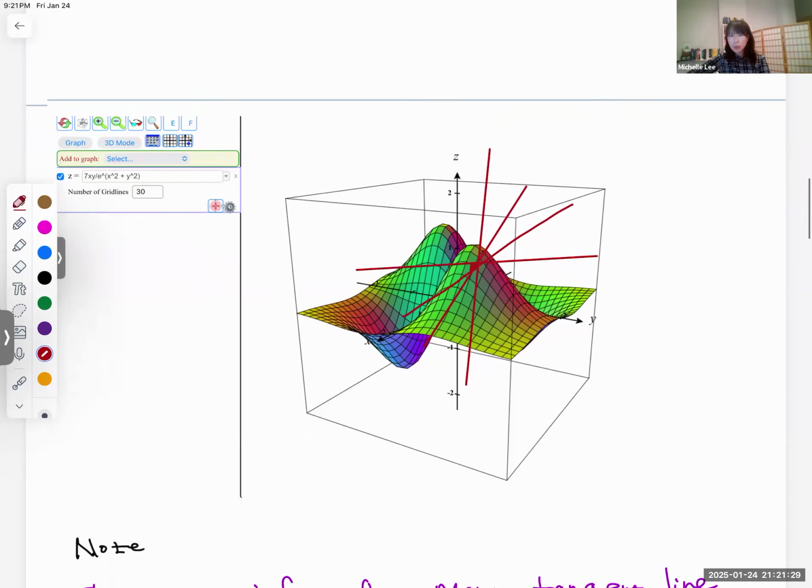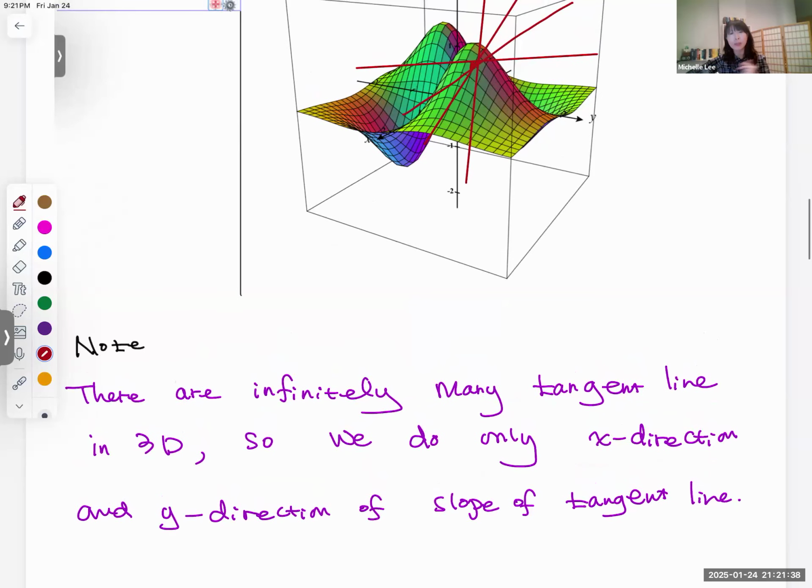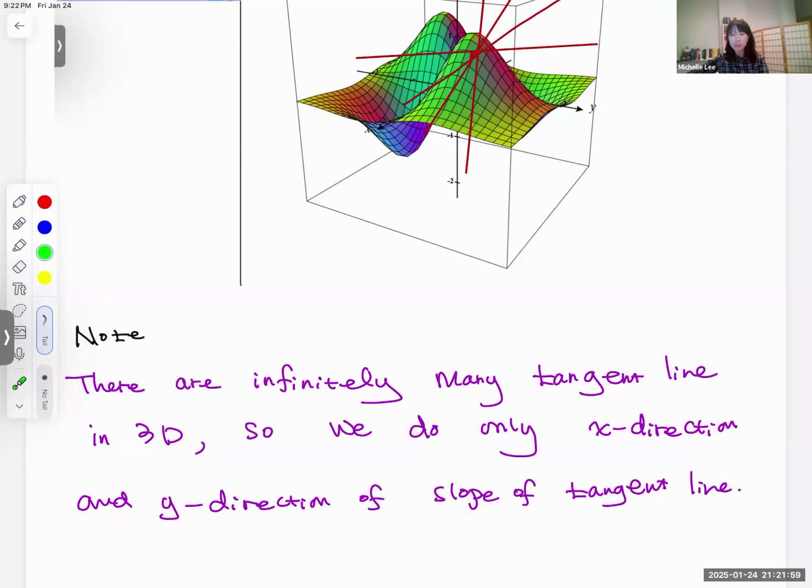Okay, so look, I made a note here. There are infinitely many tangent lines in 3-dimensional space, right? So I can draw more. Infinitely many tangent lines I can draw there, right? So what we do in this section, we do only the x direction. X direction means the x-axis here, right?